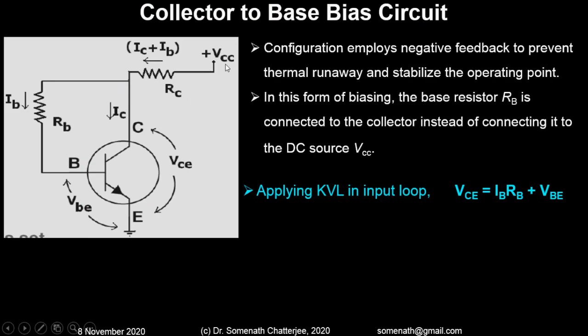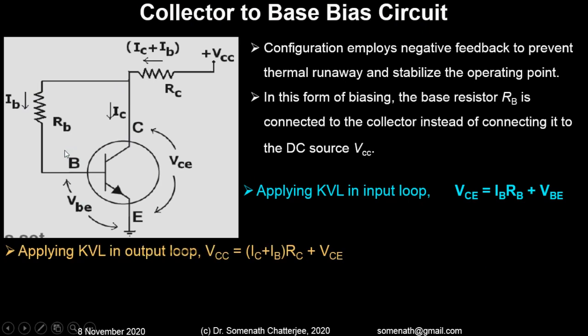Here we are not considering VCC, because VCE is the potential drop across the collector to emitter, and that will be reflected to the input loop. And in the output loop, what is happening? In the output loop, VCC is equal to the potential drop across RC, that is (IC plus IB) into RC, plus the collector to emitter voltage, VCE, right? So this part is okay.